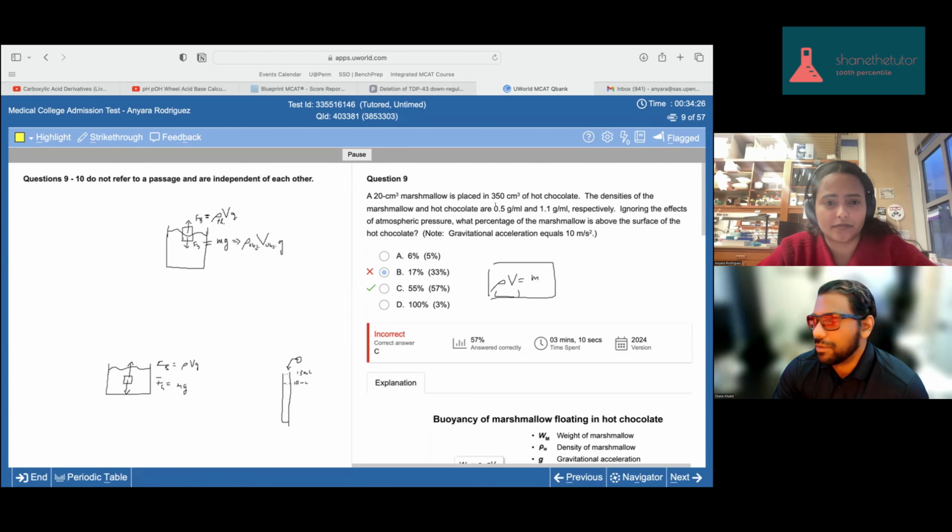So now what can we do from here? What's the net force here? The net force.